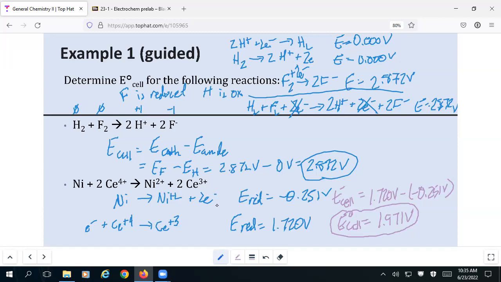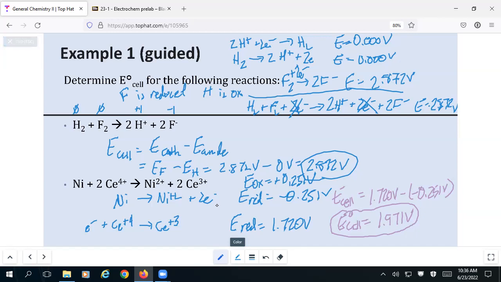The other approach would be, I could recognize, hey, that nickel reaction, that's not a reduction, that's an oxidation. So if I want to turn this reduction potential into an oxidation potential, I just need to flip the sign, 0.251 volts, and now add together 1.72 and 0.251.